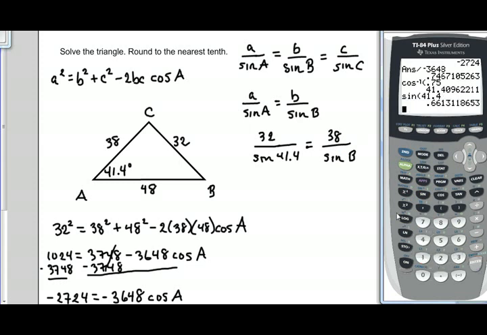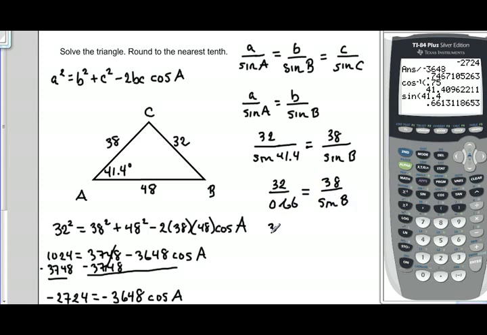All right, that is 0.66. So 32 over 0.66 equals 38 over the sine of B.